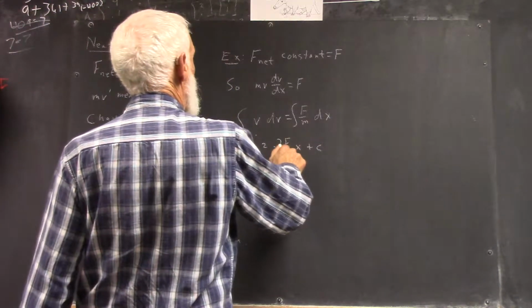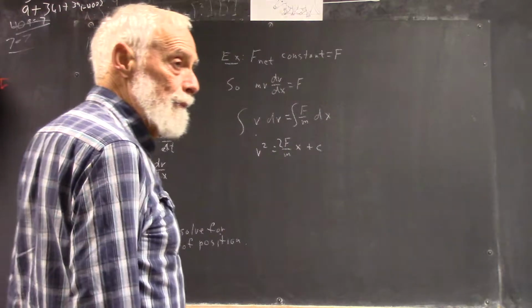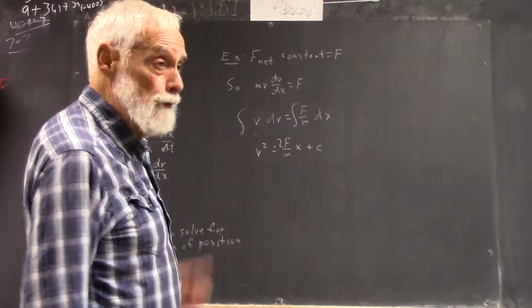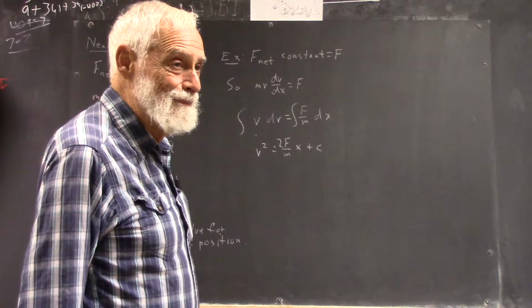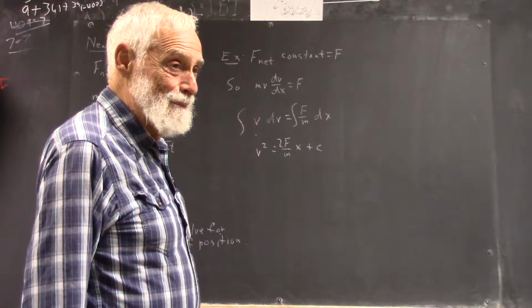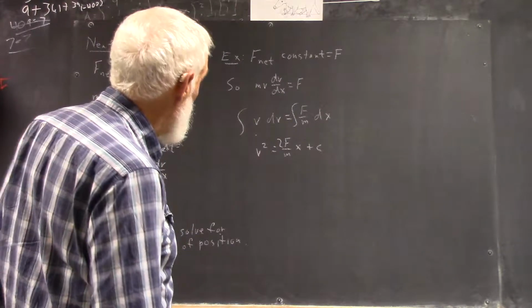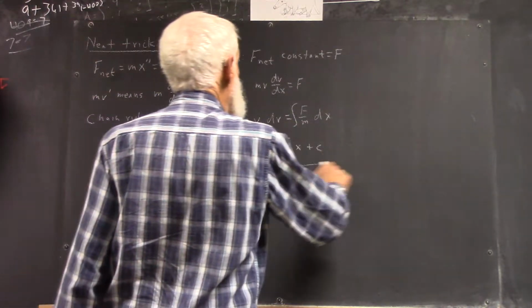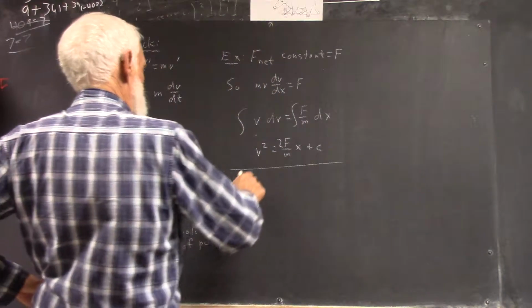Okay? The antiderivative is v squared over 2. So it's really straightforward, right? Now that's consistent with what you get.